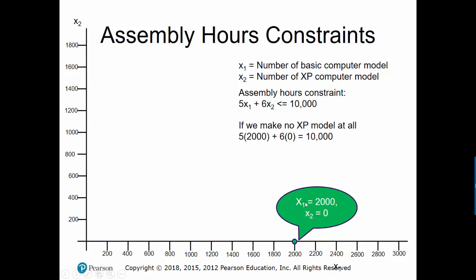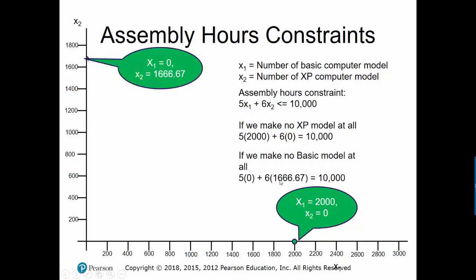So x sub 1 equal to 2000, x sub 2 equal to 0 is one point that will satisfy this constraint by being exactly equal to 10,000. You do the other way, set x sub 1 equal to 0 and solve for x sub 2. That will give you x sub 2 equal to 1666.67. It is that point.